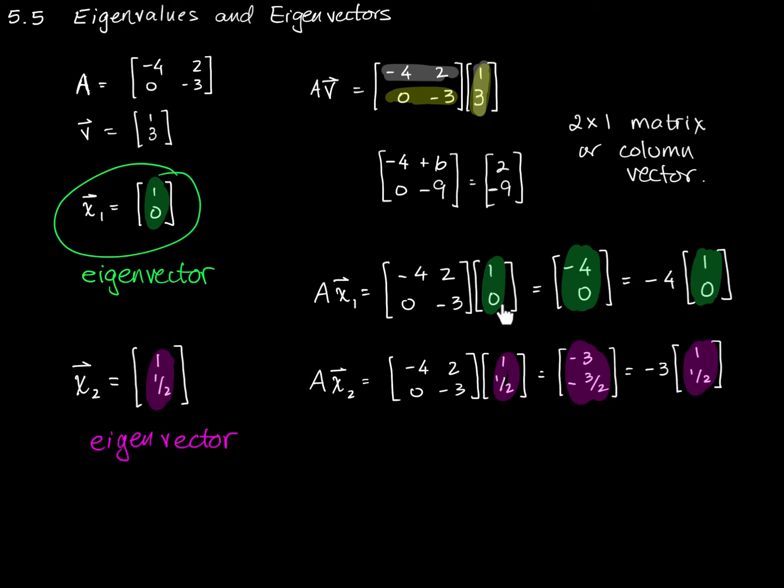Here I multiplied by the vector 1, 0. Here I multiplied by the vector 1, 1/2. The result is a scalar multiple of the vector I multiplied by in both cases. These are very different vectors, but the vector I used to multiply by is called an eigenvector because the resulting vector is a scalar multiple of that vector.